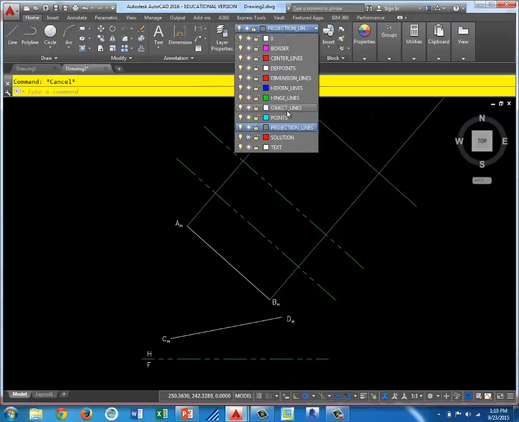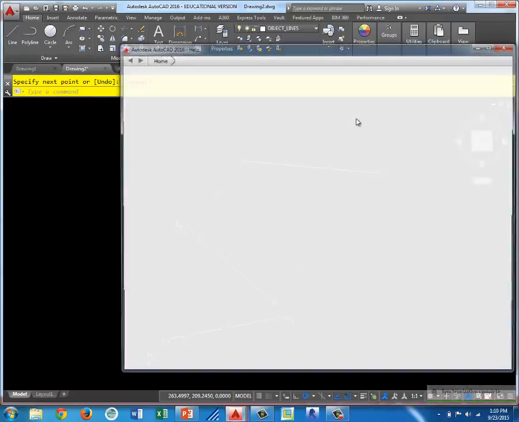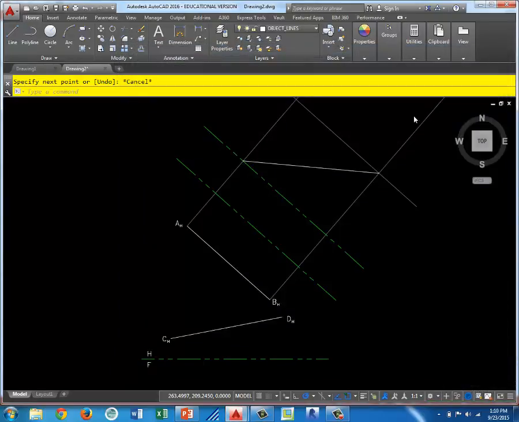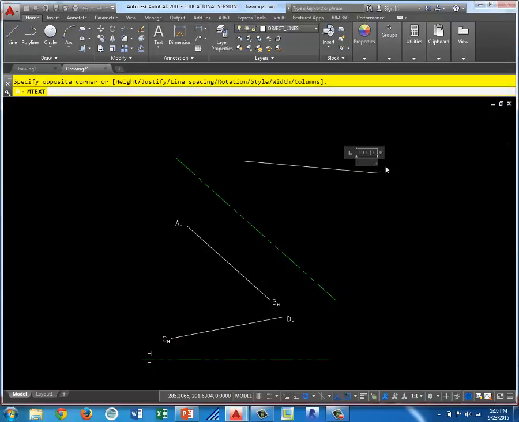Which means this is line AB and it is true length. Please continue proper labeling, so label that as TL. That'll help you out anyway, so that you know you're going the right direction.